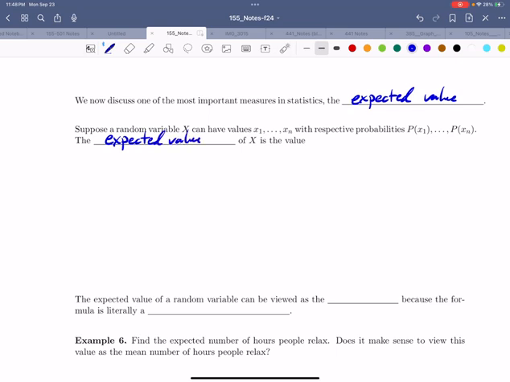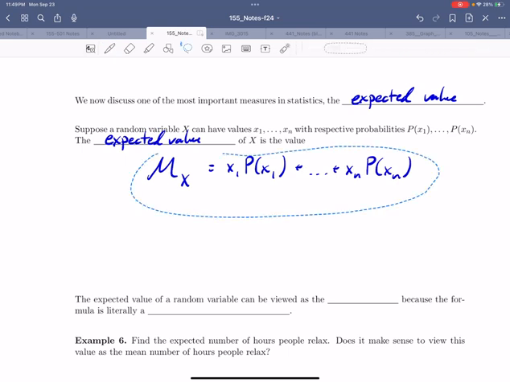We write this as mu X. That's a big X, just to emphasize. And that's going to equal x1 times the probability of x1, plus x2 times the probability of x2, etc., plus xn times the probability of xn.